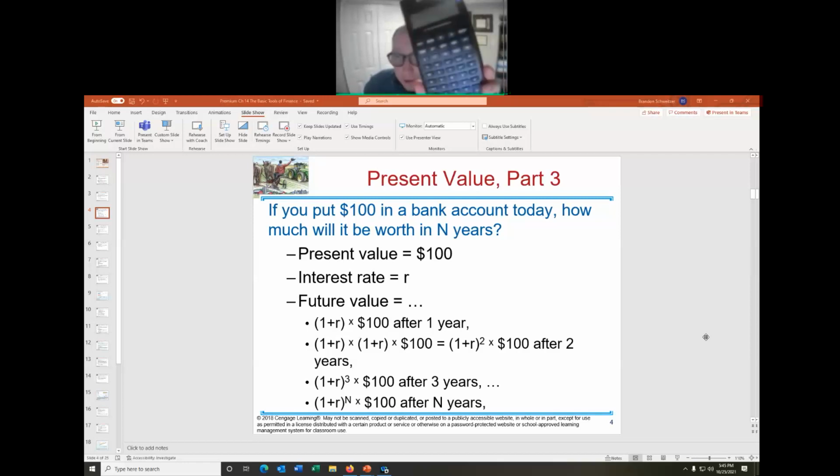What this does is it will compute present value, future value, payment amounts, all of those really good things, right?